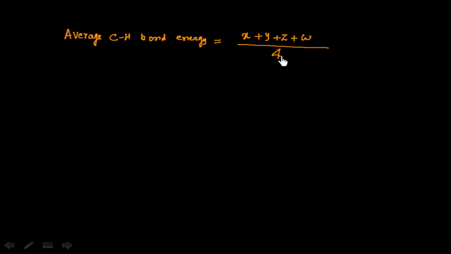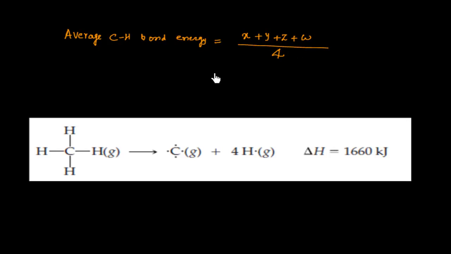So we can define the average C-H bond energy as (x plus y plus z plus w) divided by 4, and the value of x plus y plus z plus w from experiment is found to be 1660 kilojoule.